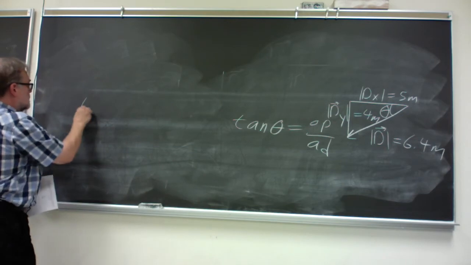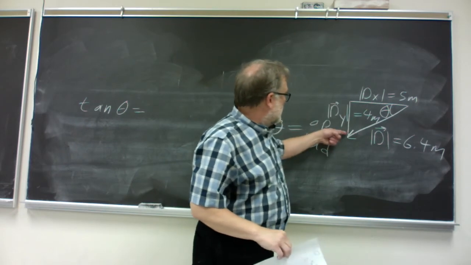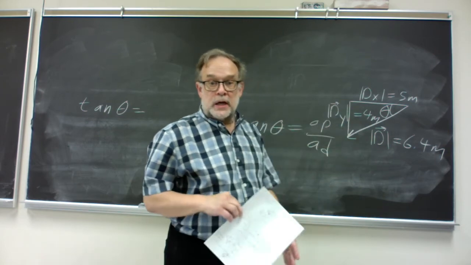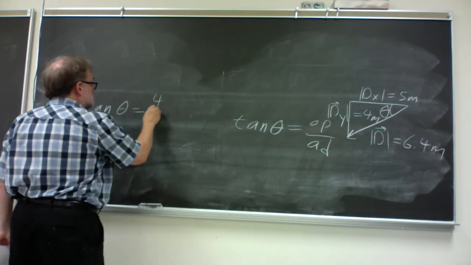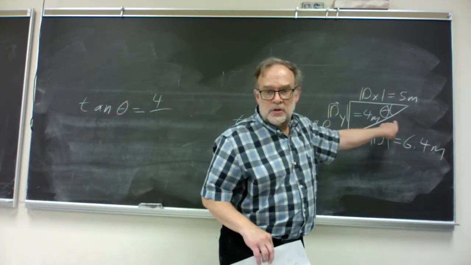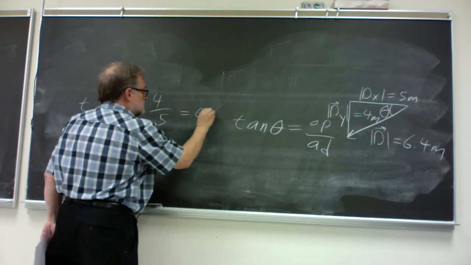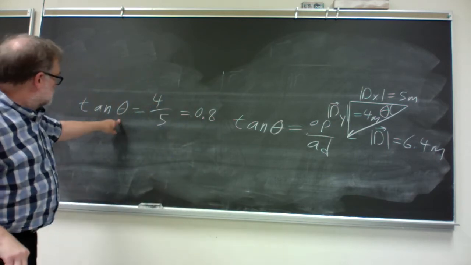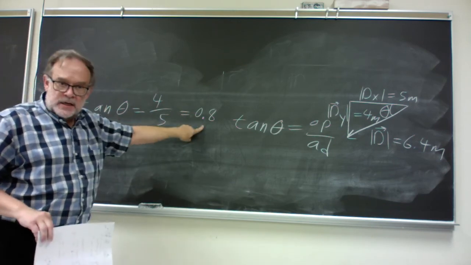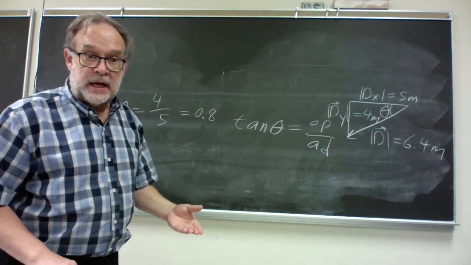In this case, tangent of the angle is equal to the length of the opposite side divided by the length of the adjacent side. The length of the opposite side is 4. And the length of the adjacent side, the side that's adjacent to the angle, is 5. So that comes out to 0.8. This is what we're solving for. So what we're looking for is actually the angle that has 0.8 for its tangent.